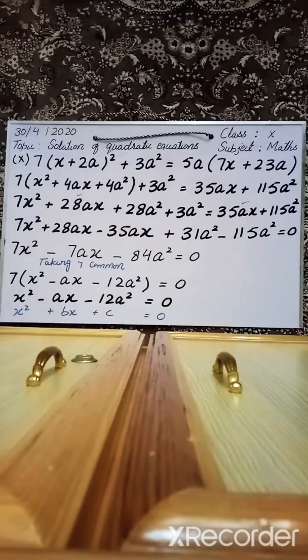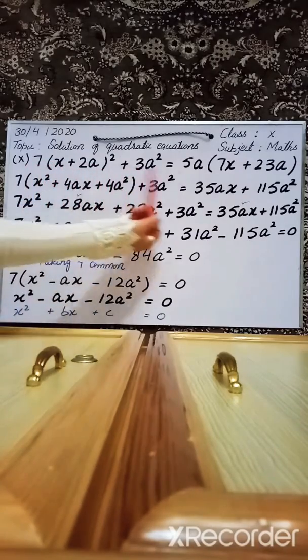As I told you earlier, for the completing square method, first of all you have to see whether the equation is written in standard form or not. If it is written, then you can start with the steps that I told you. If not, then first you have to convert it to standard form, and then start finding the solution.